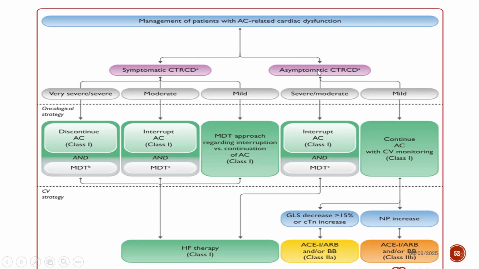So focusing on the asymptomatic first, if a patient is asymptomatic and has a mild CTR-CD, the recommendation is to continue anthracycline with cardiovascular monitoring. And for these patients, if they have a decrease in the GLS value or an increase in the natriuretic peptide, then they have to be started on cardioprotective therapy.